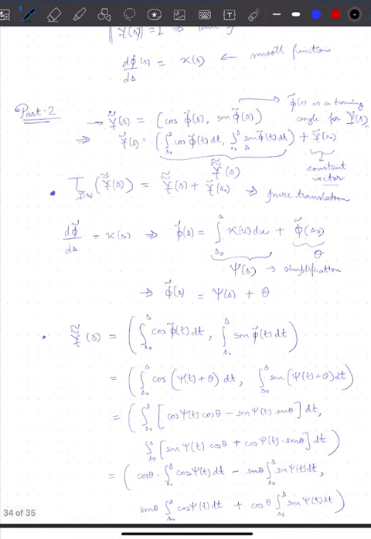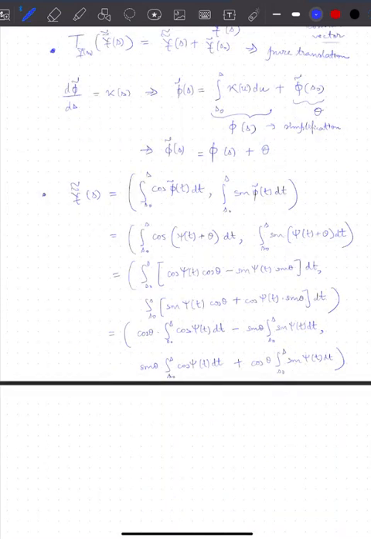So even though we started with something which is not known, just now we are trying to reduce it to some other phi of s, and then what I'll do is just for this we have cosine phi of t.